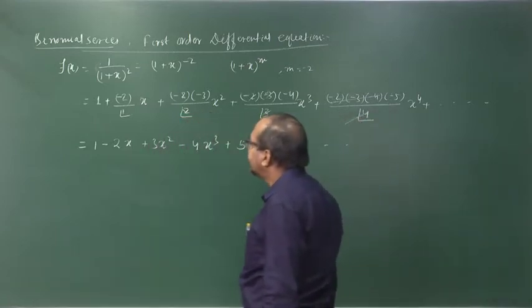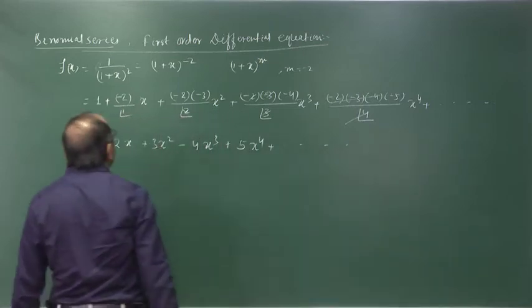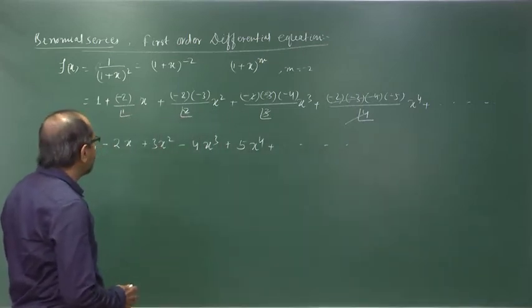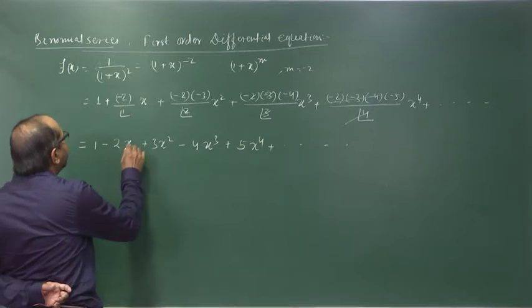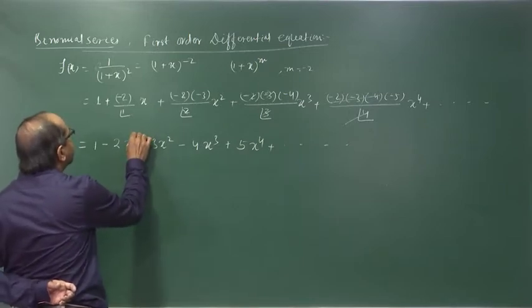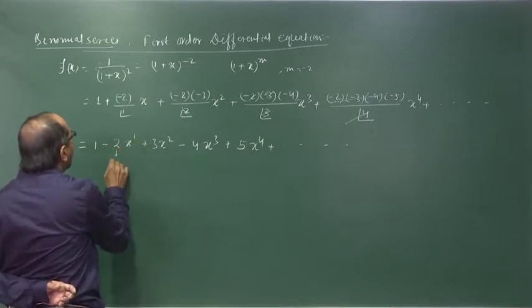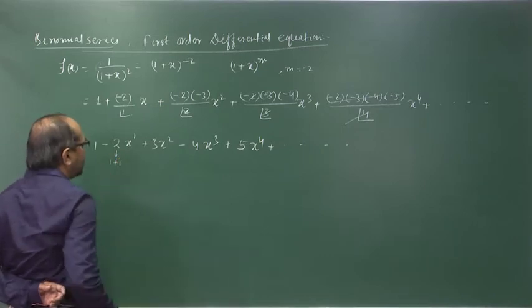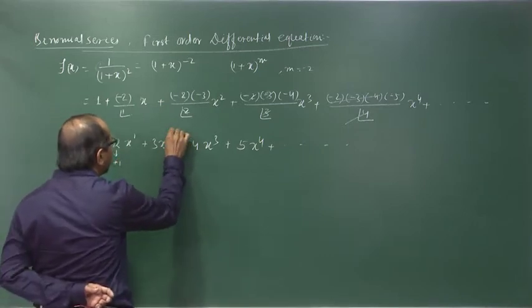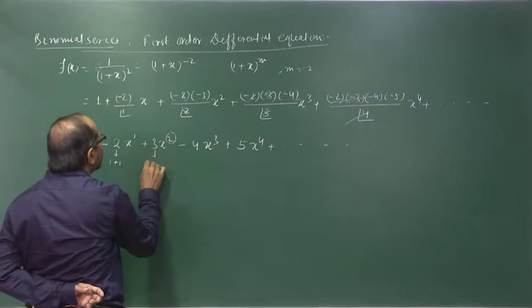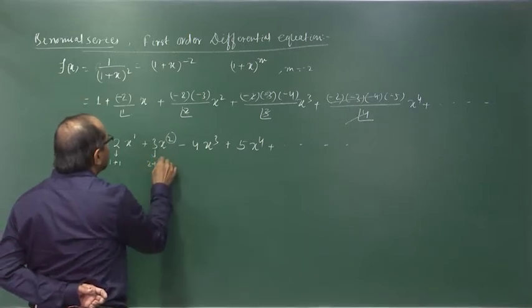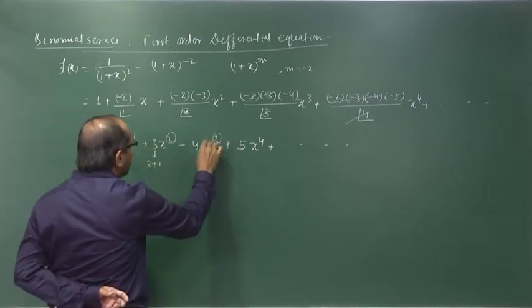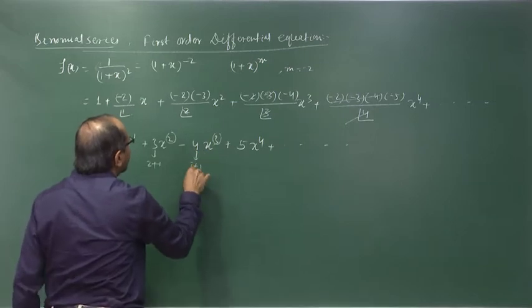So, you can see if we write it in a summation symbol, then when it is x to the power 1, this is 1 plus 1. When this is x to the power 2, this is 2 plus 1. When it is x to the power 3, it is 3 plus 1.